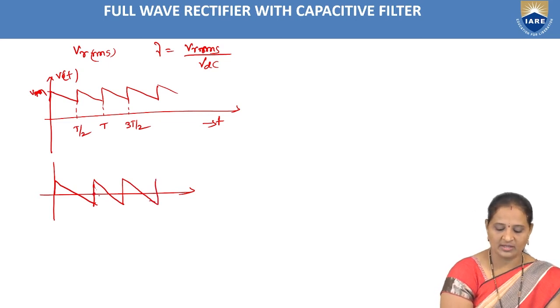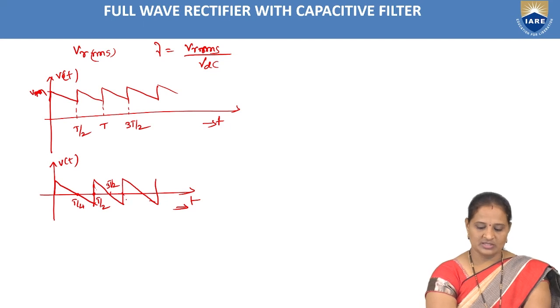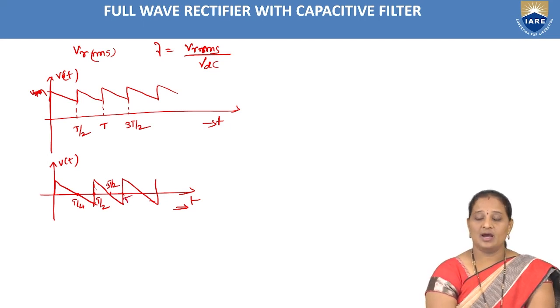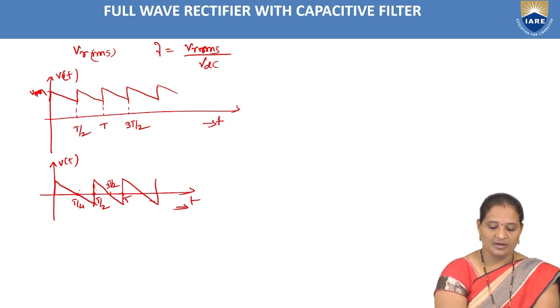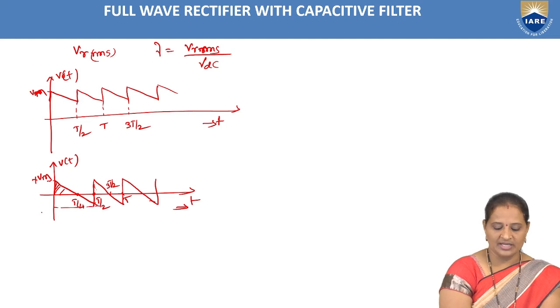As you all know the period is T by 2, so this will be T by 4. This is V of t, this is the time period, this is 3T by 2, and this is T. Now if you observe this waveform, this is plus Vm. I have just removed the DC offset.